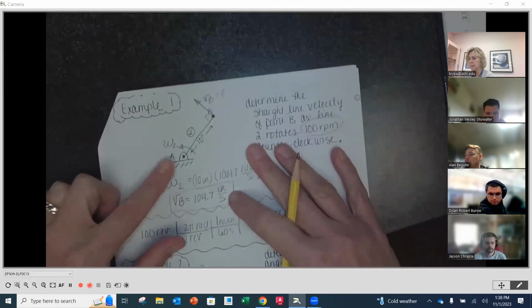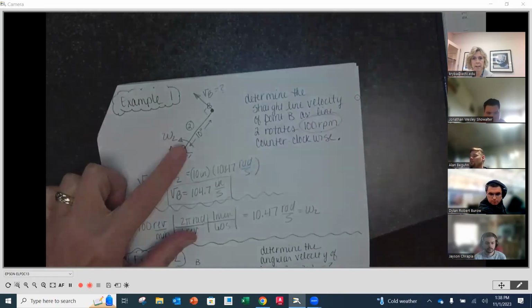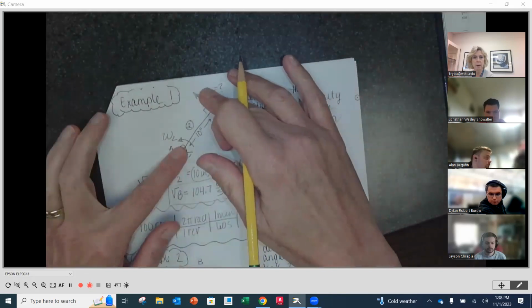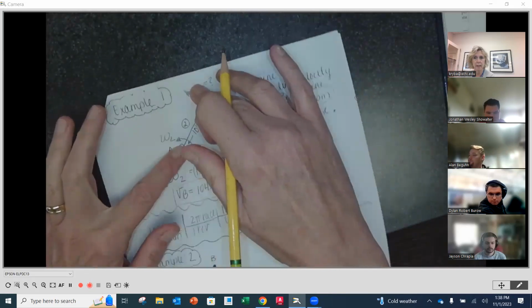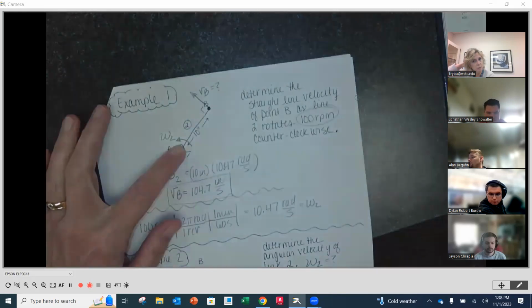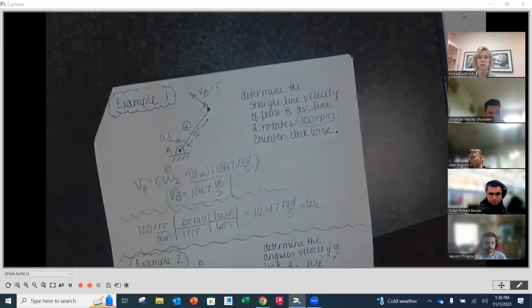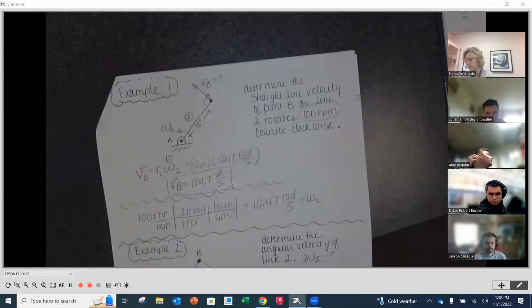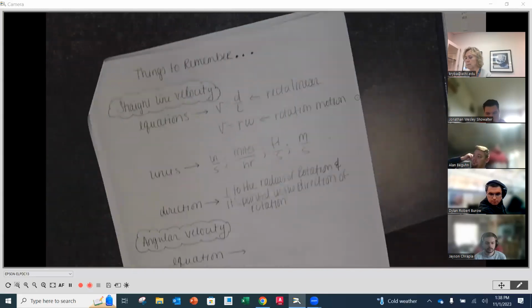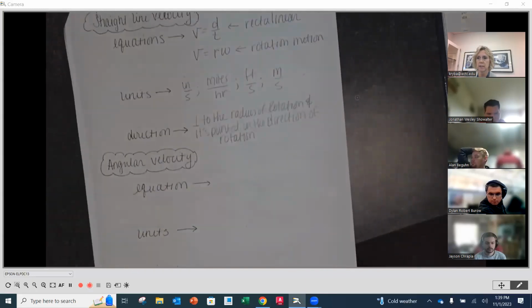If I go up to the top here, my rotational speed of link number 2 is going counterclockwise. VB is going up and to the left. And again, if I have my center of rotation at A there and I pull in the direction of the velocity at B, same thing. They're aligned. So don't forget about that direction. It's in the direction of rotation and perpendicular back to its center of rotation.